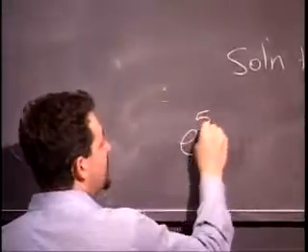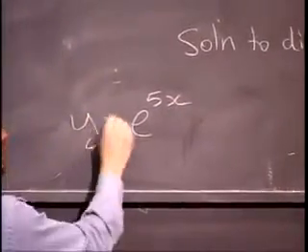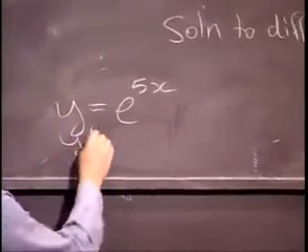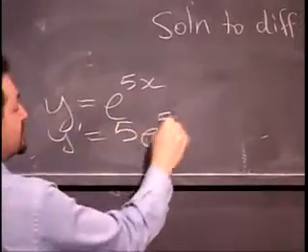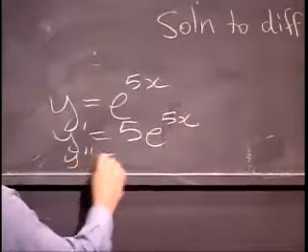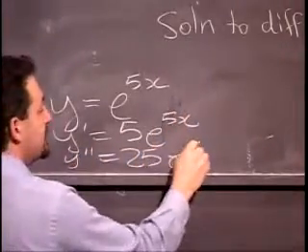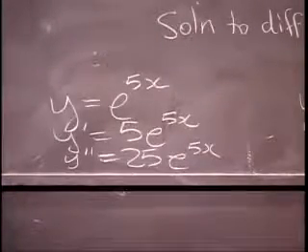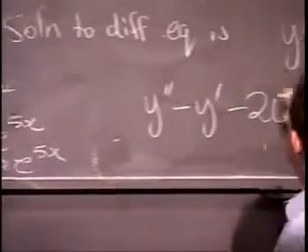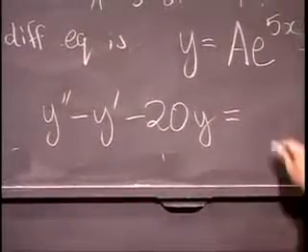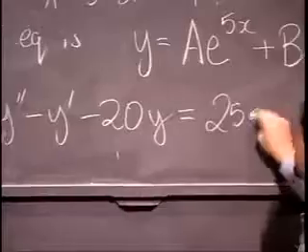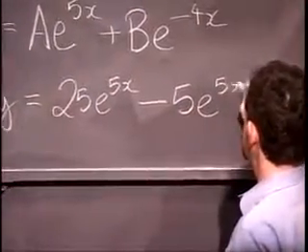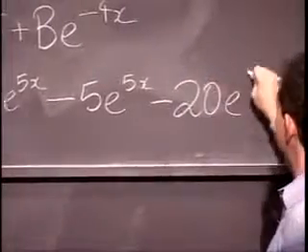Suppose y is e to the 5x. We'll check that that's the solution. What is y'? It's 5e^(5x). And y'' is 25e^(5x). So if I plug this into the differential equation, I get y'' minus y' minus 20y equal to 25e^(5x) minus 5e^(5x) minus 20e^(5x).